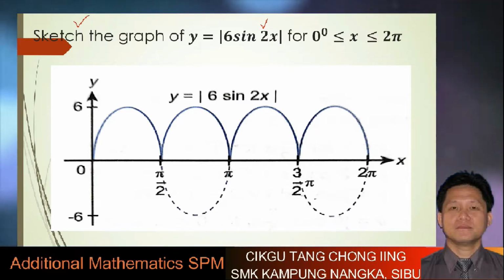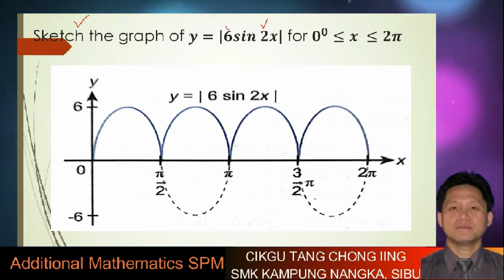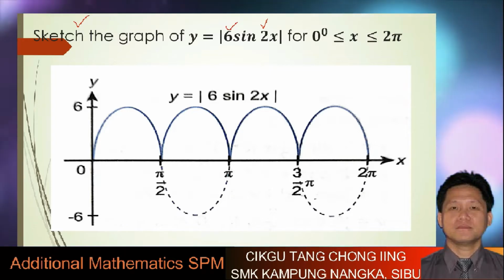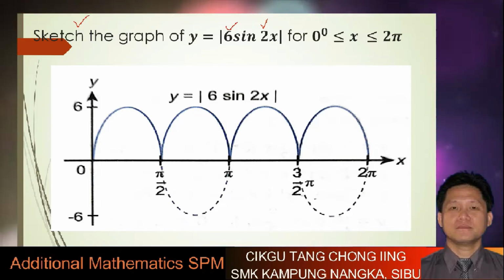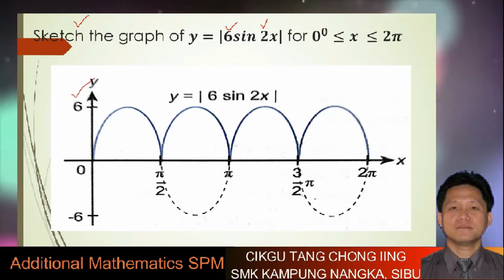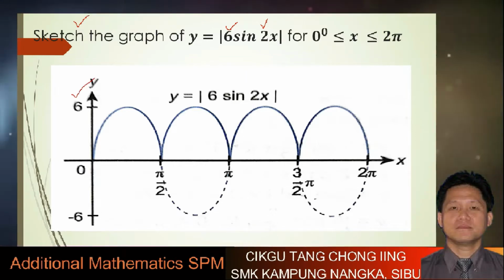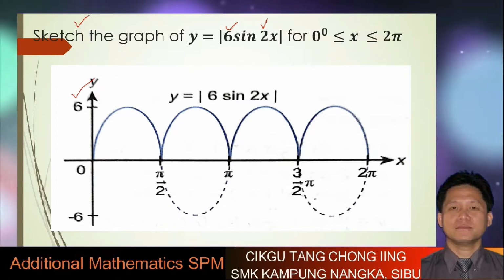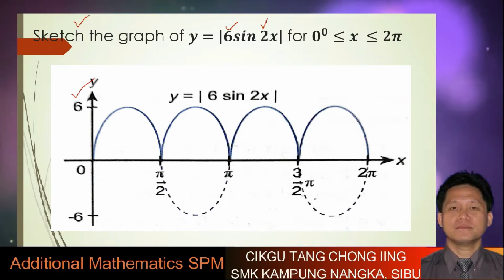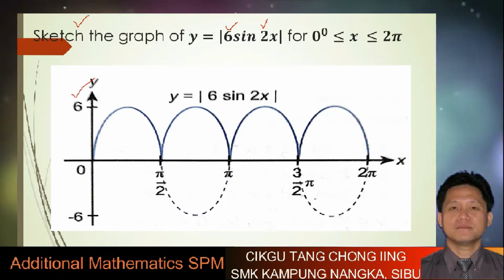But we also have 6, which is the a here. And because of that, you can notice that the maximum value here is 6. And the minimum value, if we only have y equals 6 sine 2x, then the minimum value should be negative 6. But now we have modulus.